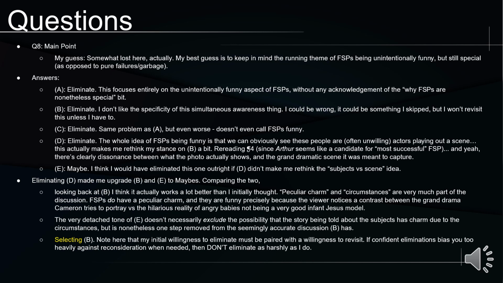However, if confident eliminations bias you too heavily against reconsideration when you need it, then don't do what I just did here. Then just stick with your maybes and your question marks and the not X's, whatever notation that you have for not totally eliminating something. Just keep doing that. This whole strength of elimination thing for me only works because I have a particular way of doing things.